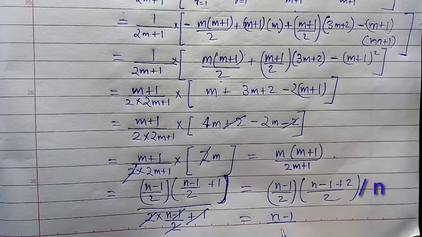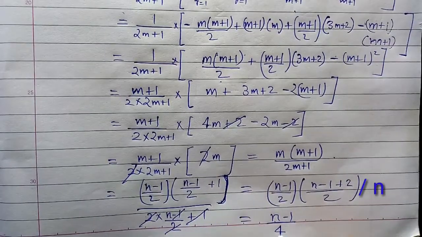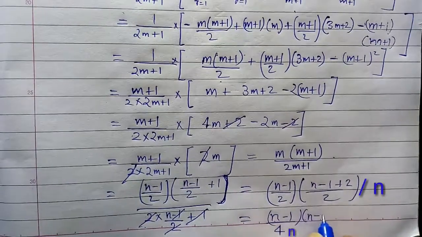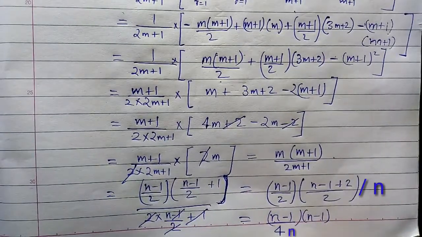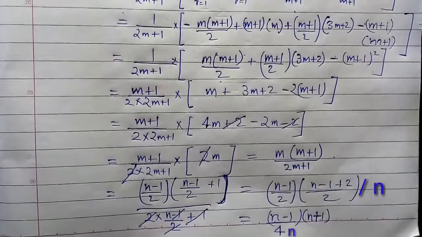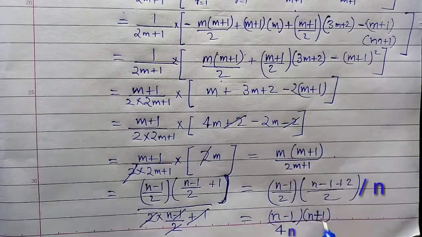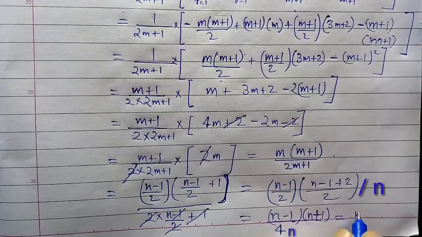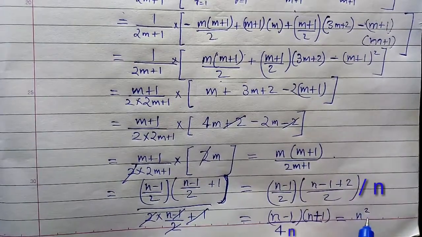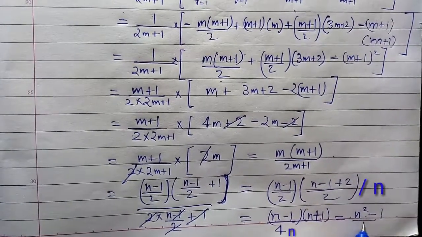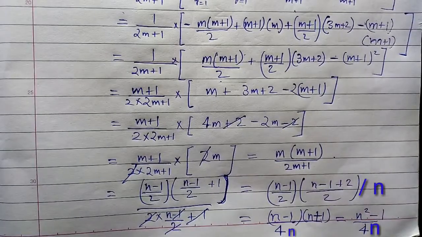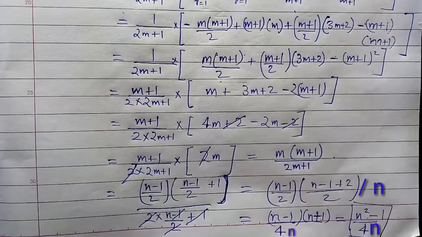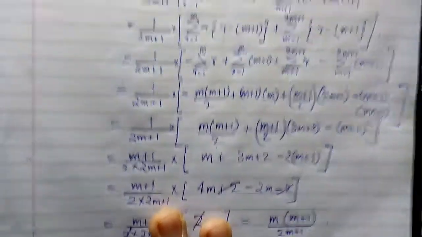This gets 4, and from the previous knowledge of algebra, secondary school knowledge, you can write it more profoundly like this. There you have it, your answer. When n is an odd number, the mean deviation is that much long.